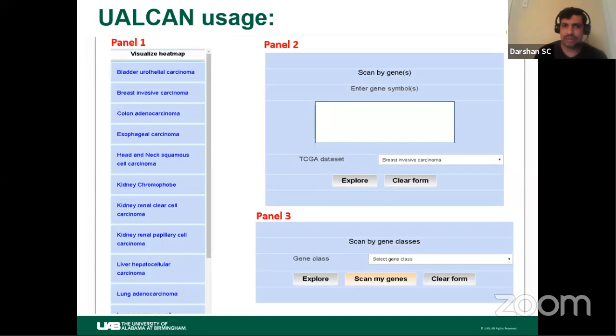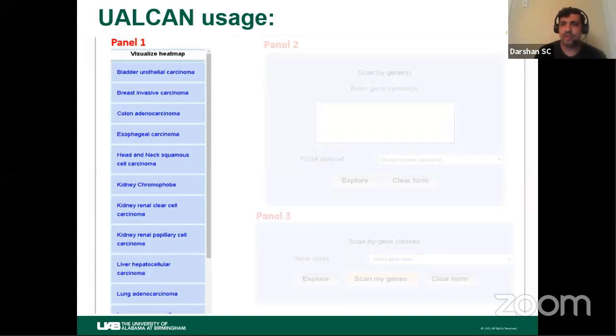Panel 1 is mainly designed for new users who are just getting involved in cancer research. It is designed to list the top overexpressed and underexpressed genes in different cancers. Here I'm just showing an example of breast cancer.